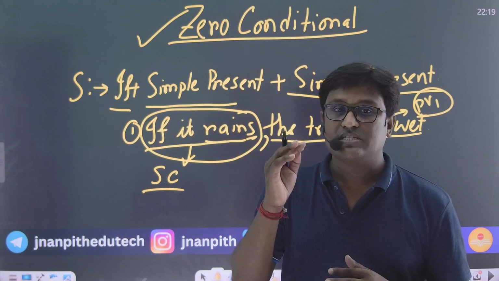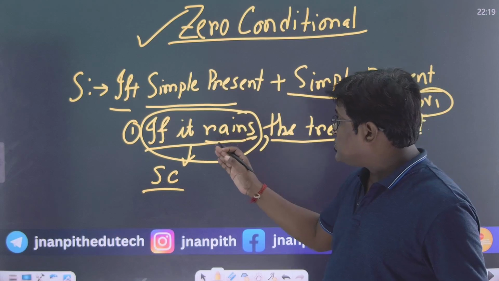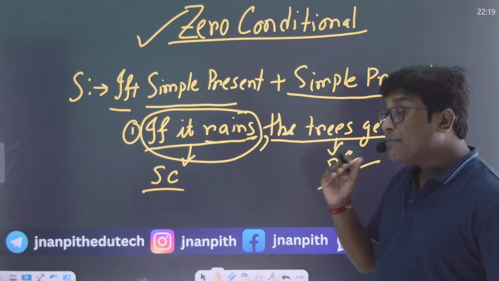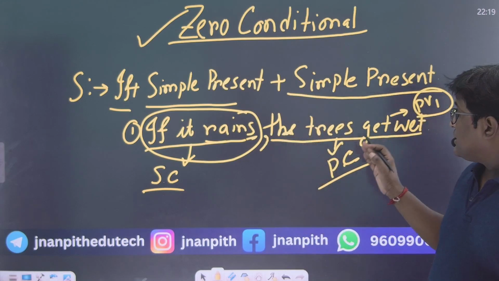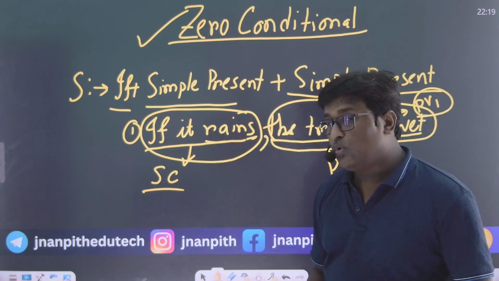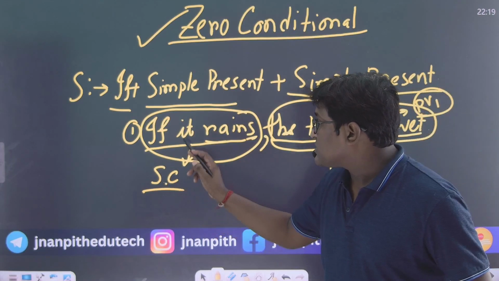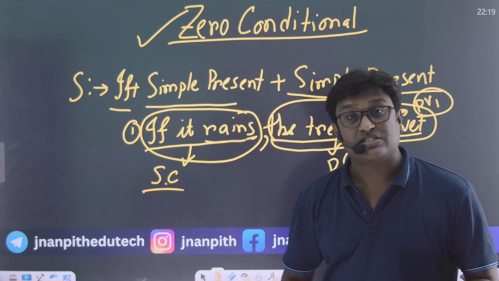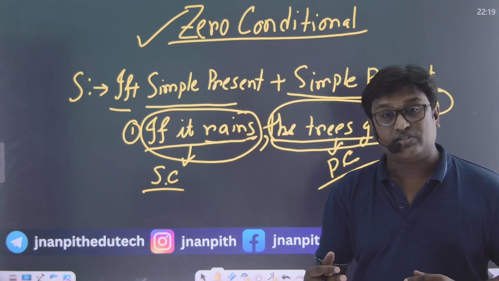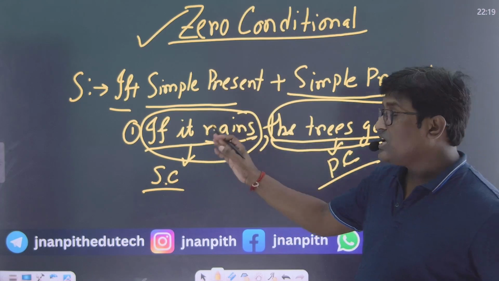In this sentence, if it rains has to depend on the principal clause, simply because without that part, the if clause will not be able to express its own meaning. That is why this is called a subordinate clause. A subordinate clause is also called a dependent clause, simply because it depends on another part or clause.